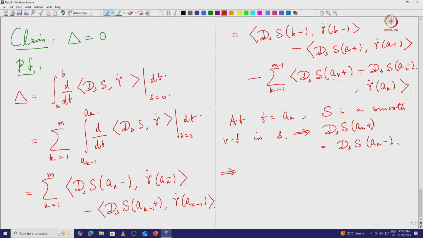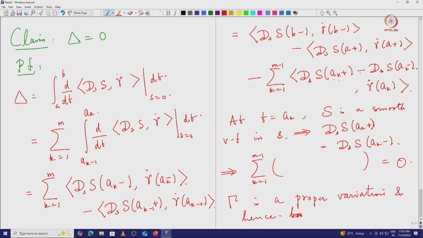So which means that these terms are 0, this entire summation k from 1 to m minus 1 is 0. On the other hand, capital gamma is a proper variation and hence even the boundary terms are 0. So the boundary terms are 0.